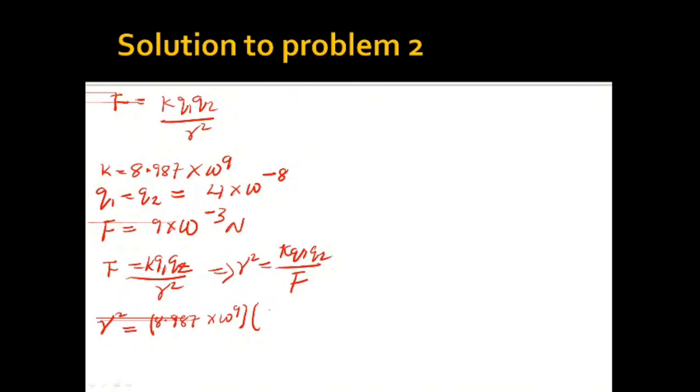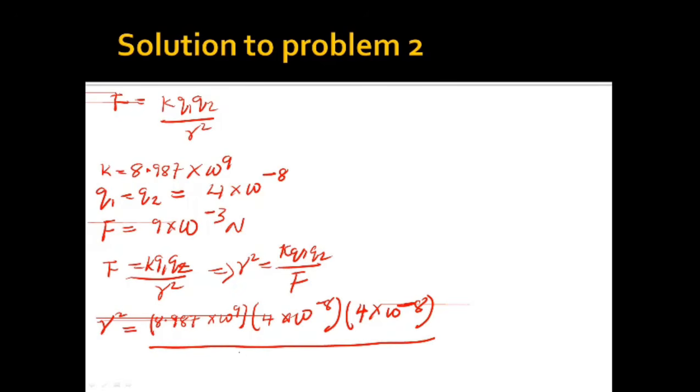The value of your Q1 is given as 4 times 10 raised to power minus 8. The value of your Q2 is 4 times 10 raised to power minus 8, bracket close. Then everything there divided by F, which is 9 times 10 raised to power minus 3. So from here, you can generate your answer.